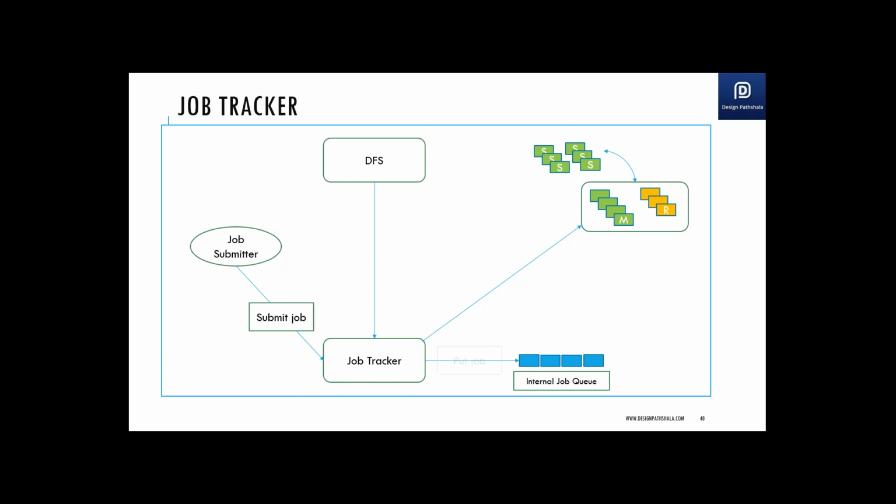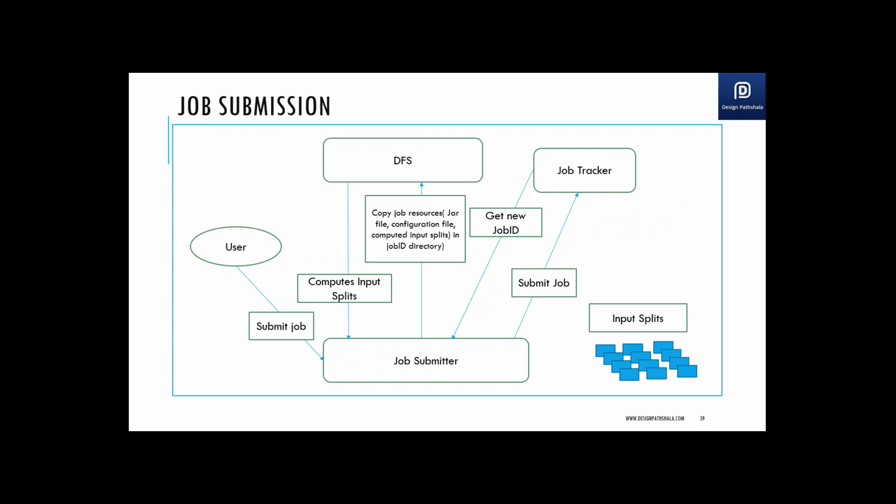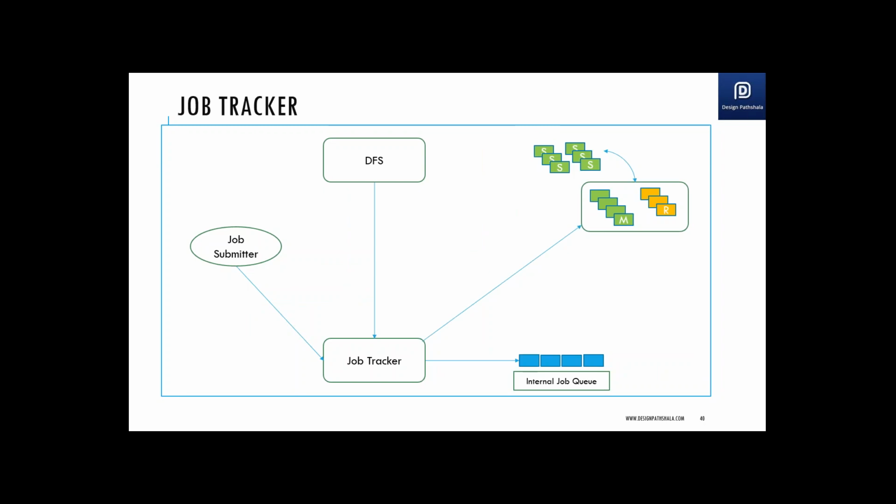After the job is submitted, based on the split information, that is the number of blocks associated to the data which needs to be processed. I'll repeat all of this again because I know that you will not be able to understand it in a single flow.